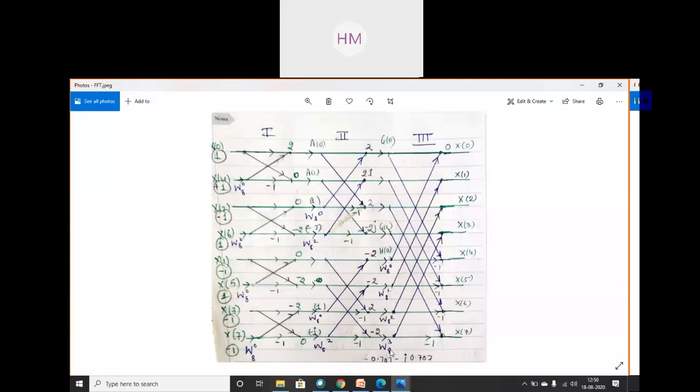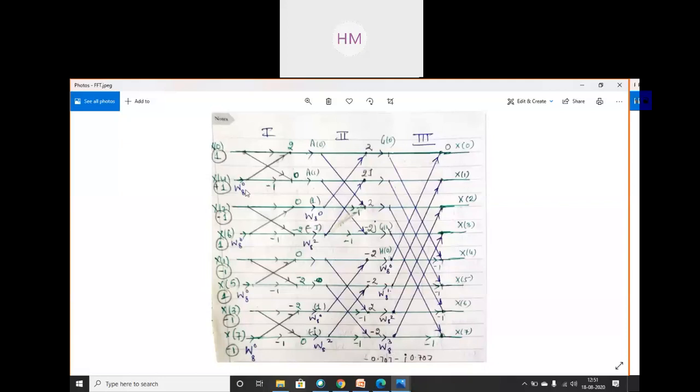First stage alternate lines, second stage leave 2 lines, third stage leave 4 lines. Then start writing the twiddle factors. Before calculation also you can do all these things and then start calculating it, putting the values in the diagram. You will directly get FFT of your question.